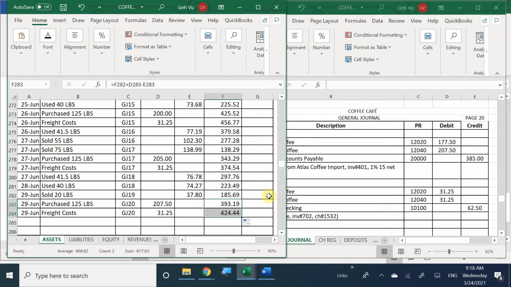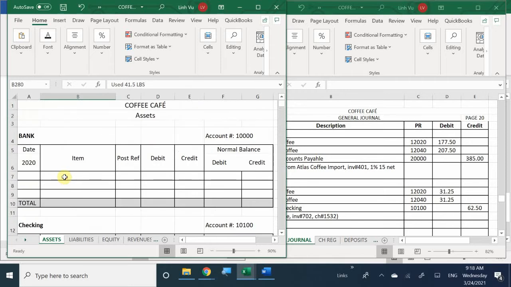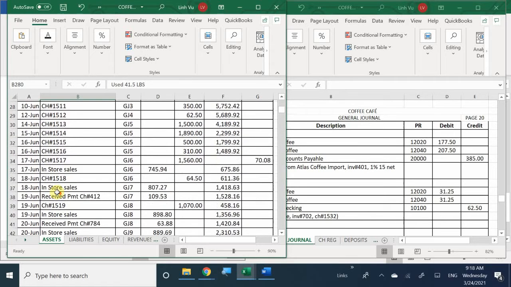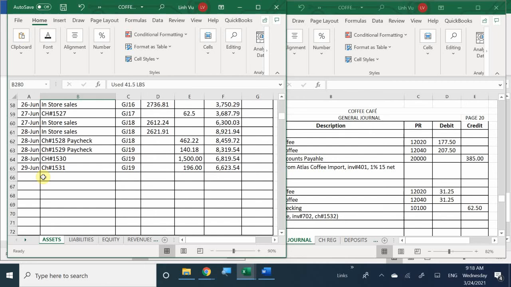And then lastly, we have to update our checking account because we wrote our check. So there we are. Check number 1532.